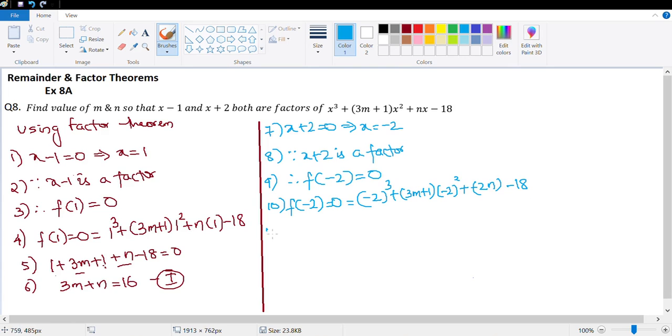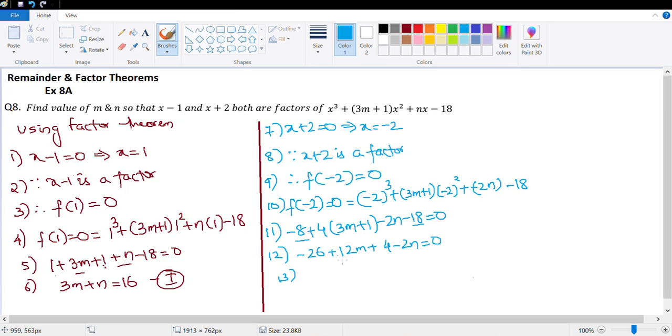18. That gives us negative 2 cube, which is negative 8, plus negative 2 square is 4. So that's 4 times (3m plus 1) minus 2n minus 18, and this will be equal to 0. That's negative 8 minus 18, which is negative 26, plus 4 into 3m, that's 12m, plus 4 into 1, 4, minus 2n is equal to 0.